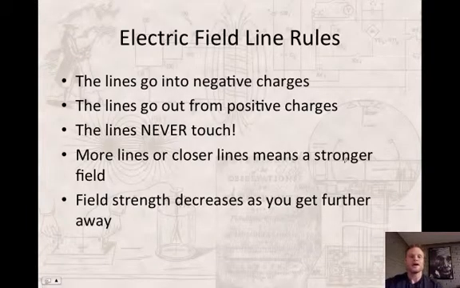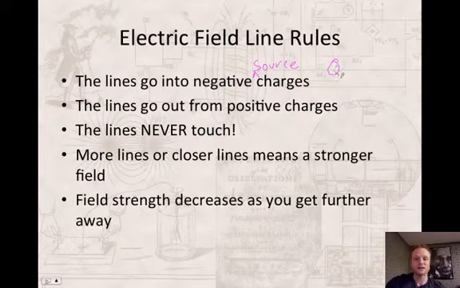Okay. Here are the rules for drawing electric field lines. Okay? The lines will always go into negative charges. And what I'm referring to when I'm saying these negative charges is this would be a negative, really, I should add, source charges. Okay, so big Q, right? If you have a negative source charge, the lines are always going to go into it.